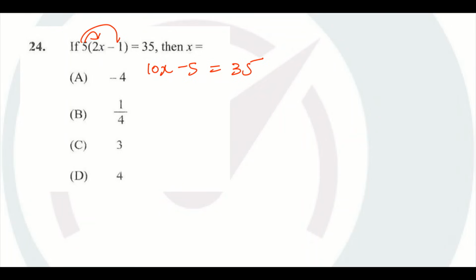First, we're going to add 5 to both sides of our equation. So we have 10x is equal to 35 plus 5, which gives us 40. Divide both sides by 10. So x is equal to positive 4. And you could go ahead and substitute values for x and see which one will give you 35 equal 35.